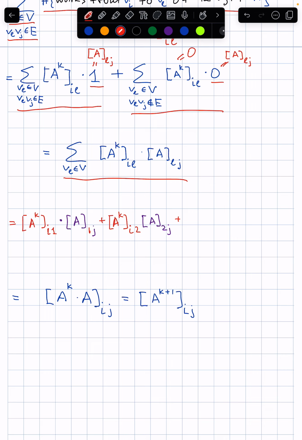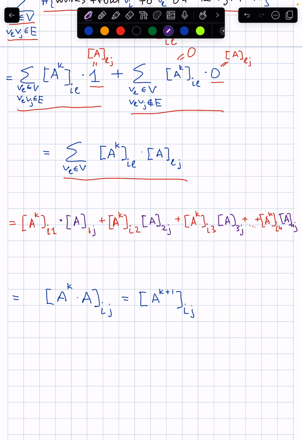Let me write one more: A to the k, the i3 entry, multiplied by the 3j entry of A, and so on. Then the last summand is going to be the in-th entry of A to the k multiplied by the nj-th entry of A.